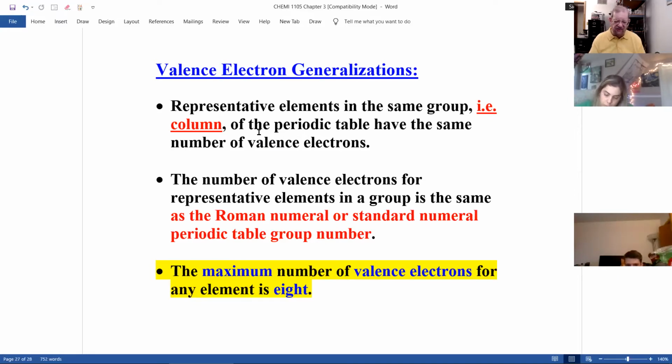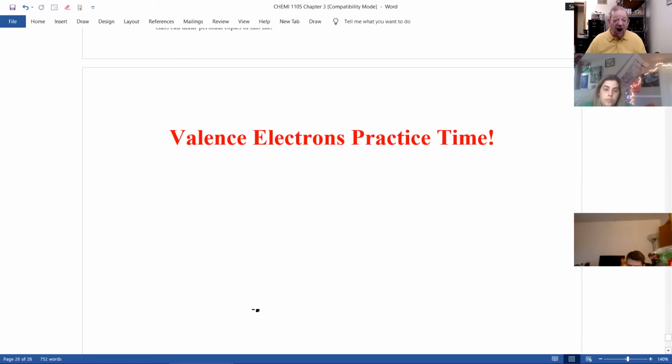Now I'm going to show you this in a second. And this is important, which is why I have it highlighted in yellow. The maximum number of valence electrons is 8. So if I ask you how many valence electrons such and such has, and you put down 10, it's going to be wrong every day of the week, every hour of the day, because you can only have 8 valence electrons. Oh, look, it's valence electron practice time. So let's do some practice.